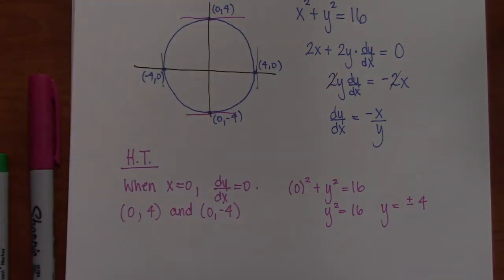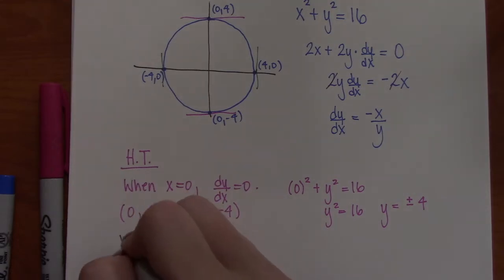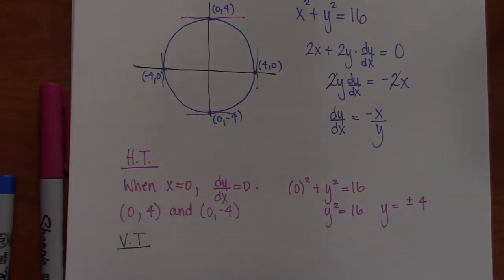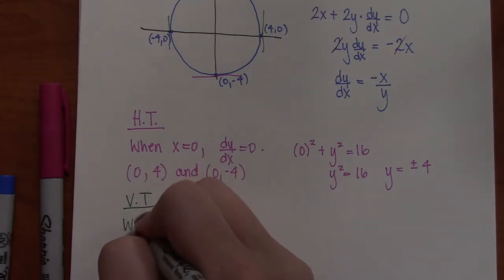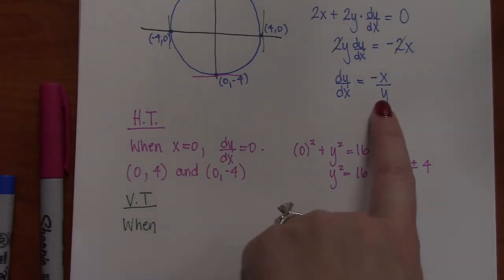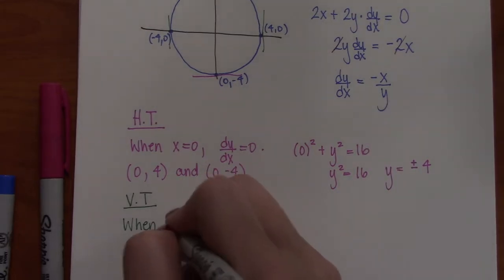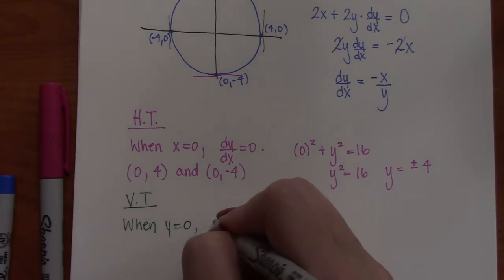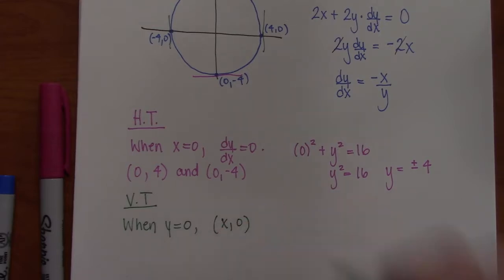If we want to find our vertical tangents, they are going to be when the denominator is 0. For this one, the denominator is only 0 when y is 0. So when y equals 0, we're looking for points of the form (x, 0).